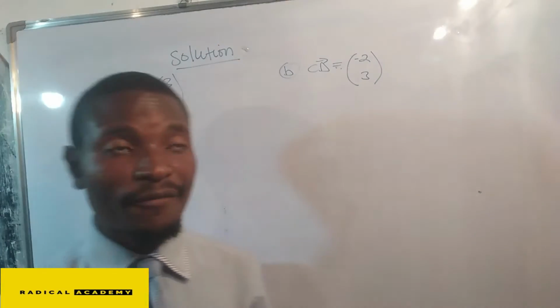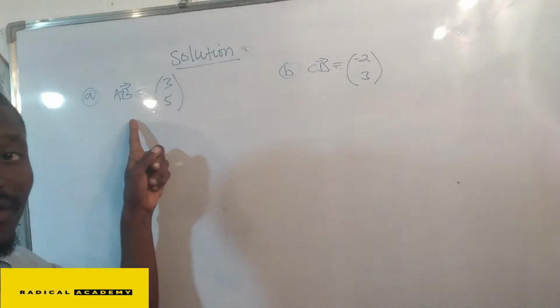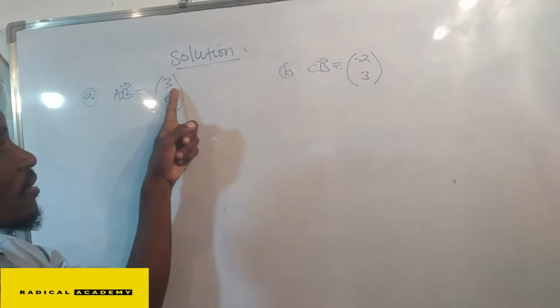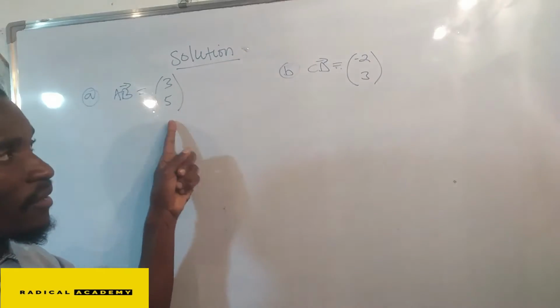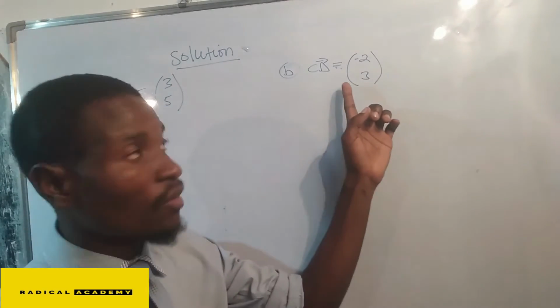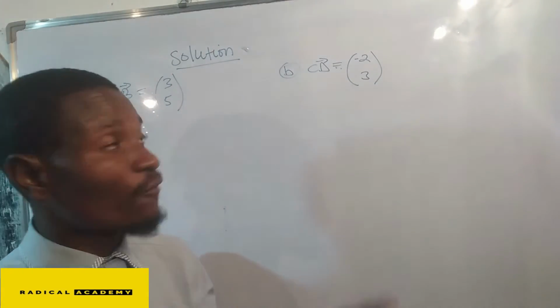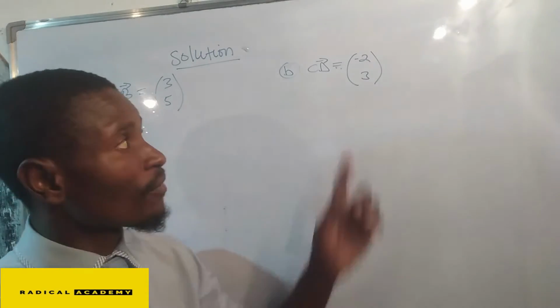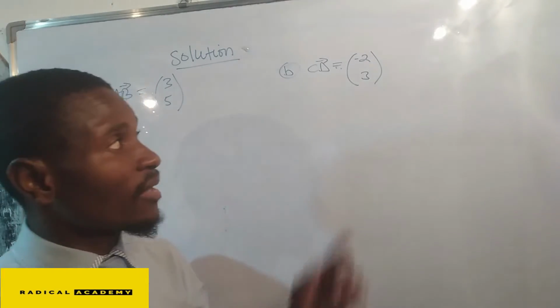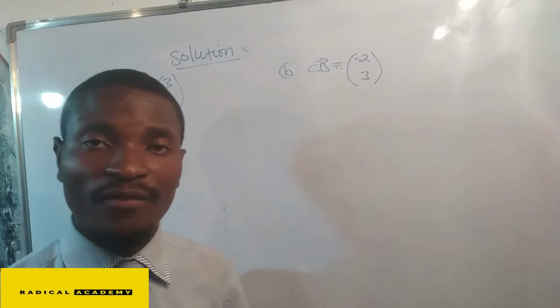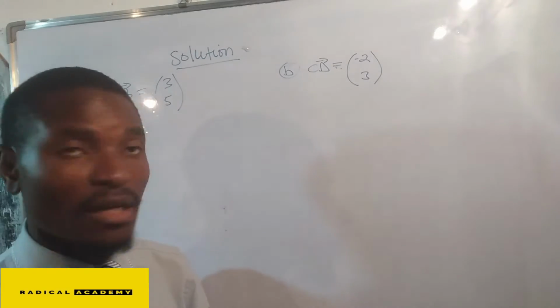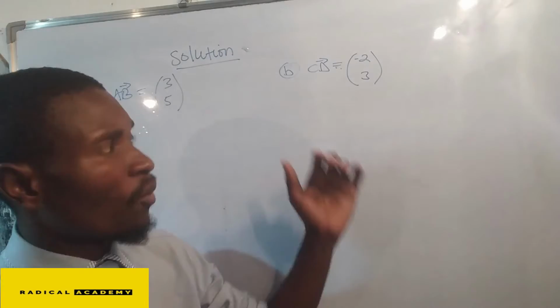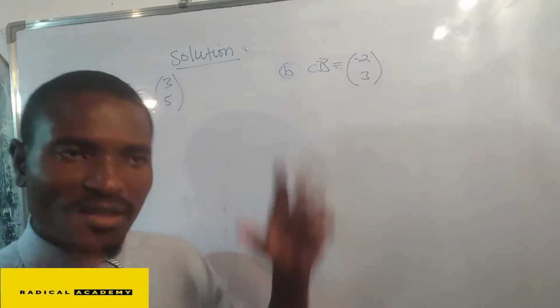The first one is saying that vector AB in component form is 3 and 5, and then vector CD in component form is -2, and then the number at the bottom is 3. As I've always mentioned to you, we have to differentiate the meaning of each of the numbers in the brackets.